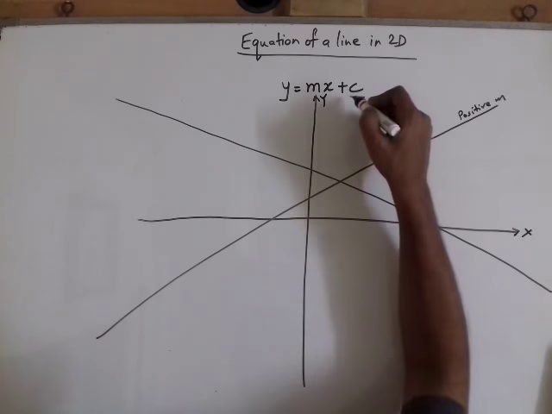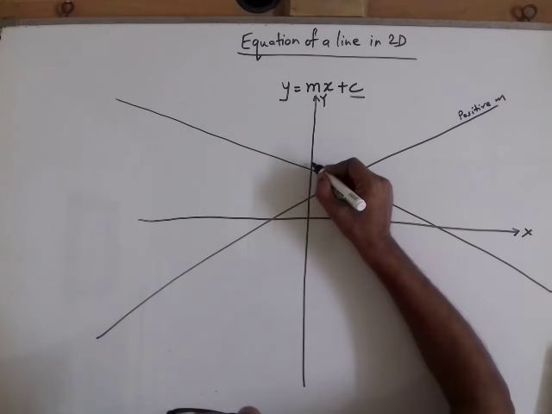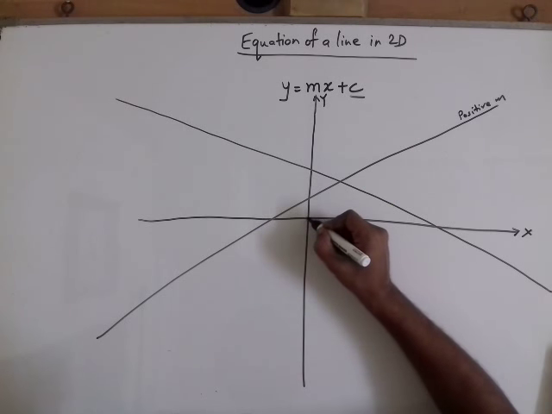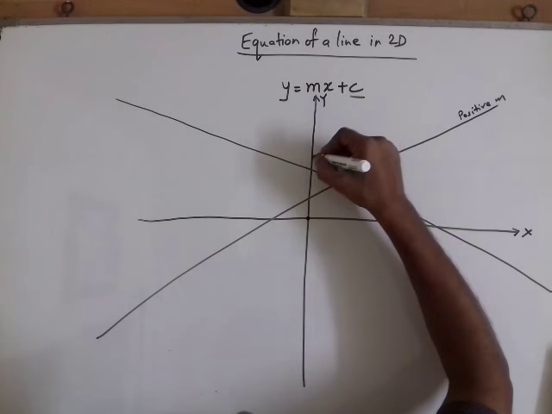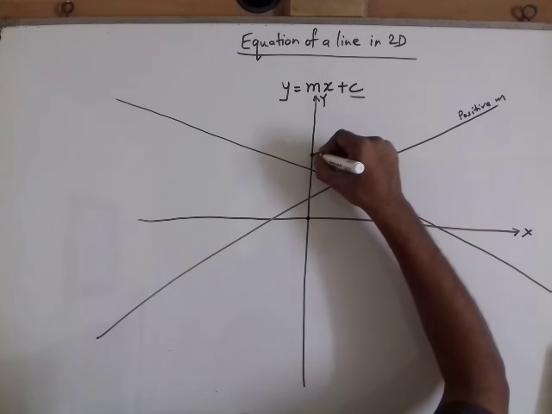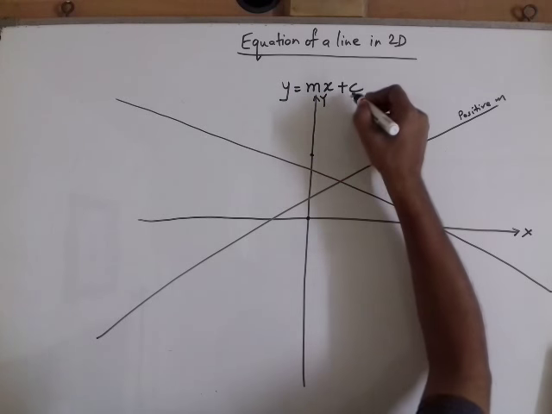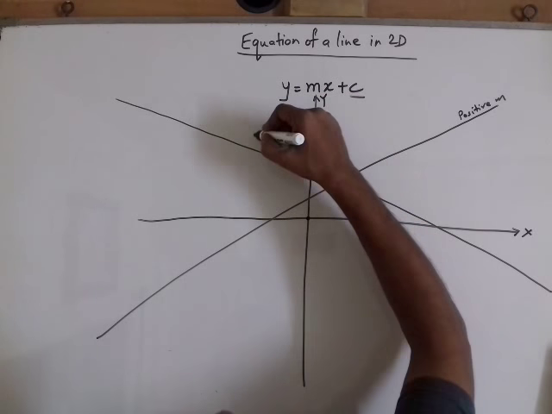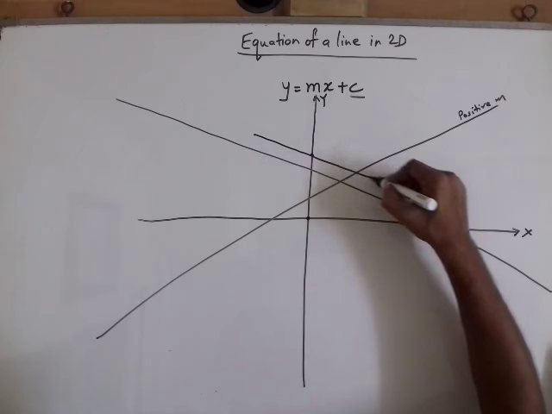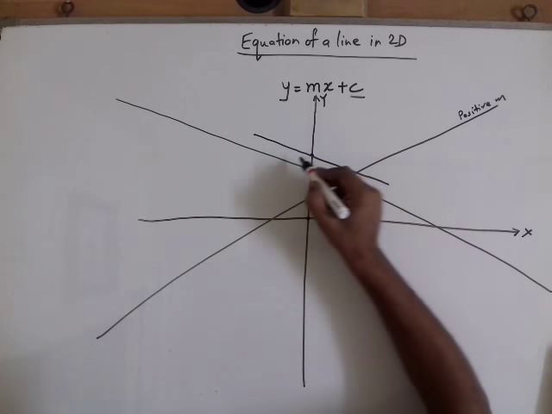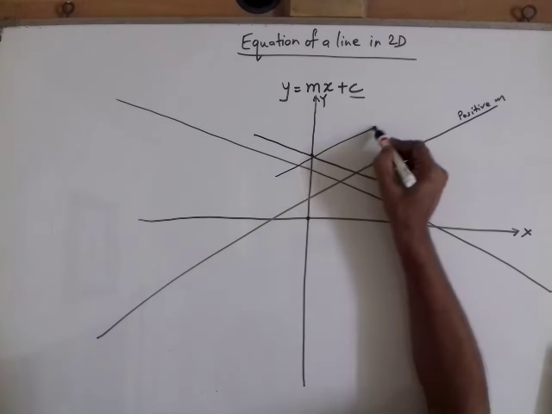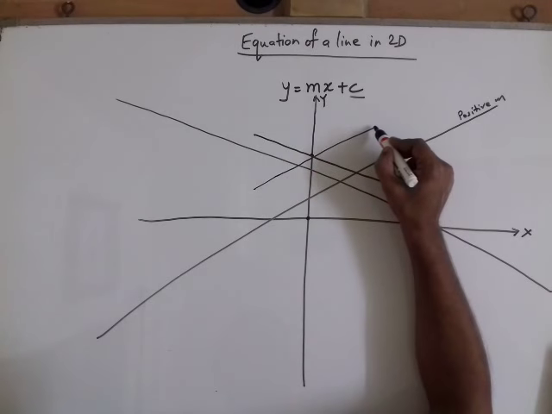Okay. So if c was positive, then the line would cut the y-axis above the origin at the value that c had, here for example. So then, combining the slope m and the y-intercept, you had your line. This was for negative m's, something like this for positive m's. Okay.